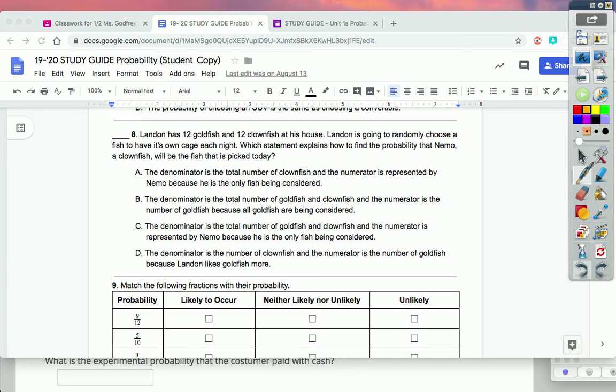Which statement explains how to find the probability that Nemo, a clownfish, will be the fish that he picks? So when we're setting up probability, what goes on the bottom? The total. So we will have the total of all fish on the bottom, and then what we're looking for on top.